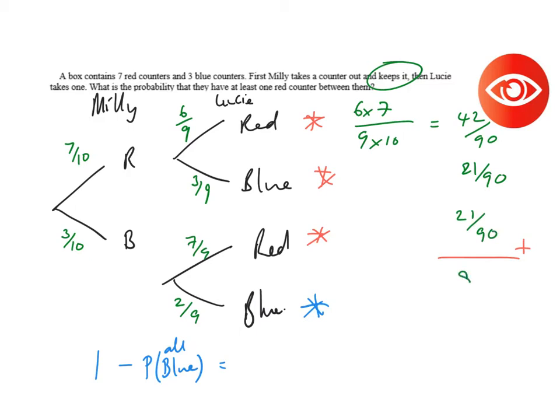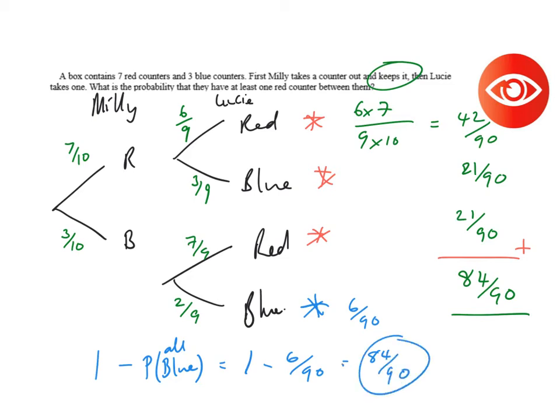That's going to give me 84 over 90. If I do it that way, the probability of the double blue is going to give me 6 over 90. So if I do 1 take away the 6 over 90, it's going to give me 84 over 90. So same answer, 2 different ways. You can decide on the method that you want to use.